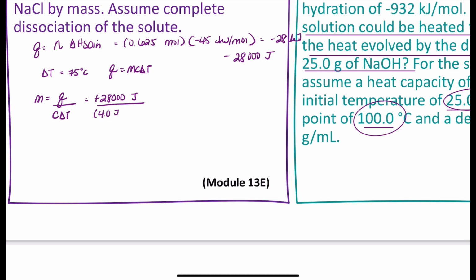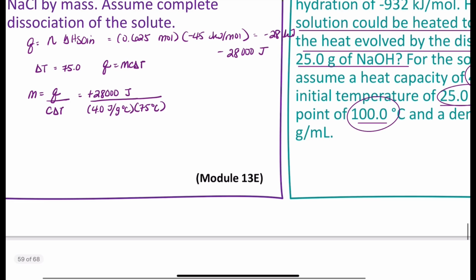My specific heat is 4.0 joules per gram degrees C. And my temperature is 75 degrees C. That should be 4.0. This is at the zero decimal places. Here, they're both precise to the first decimal place, so that'd be 75.0.